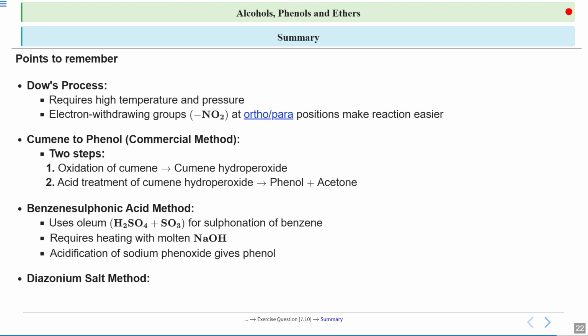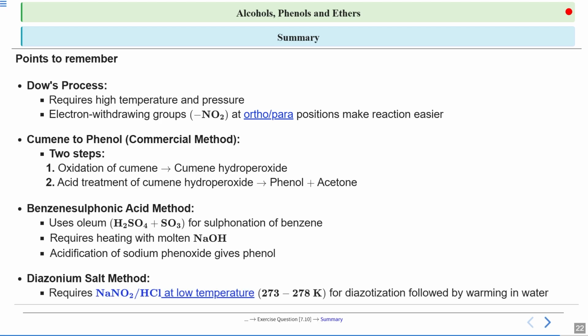We have also seen the diazonium salt method, where we require sodium nitrite in the presence of HCl at low temperature, 273 to 278 Kelvin, like 0 to 5 degrees Celsius, for diazotization.